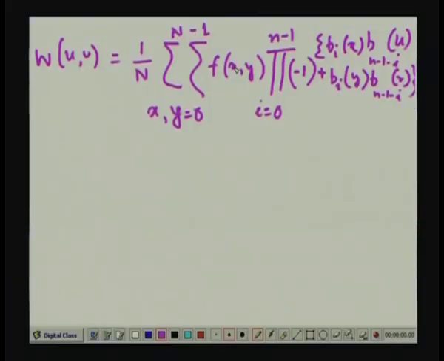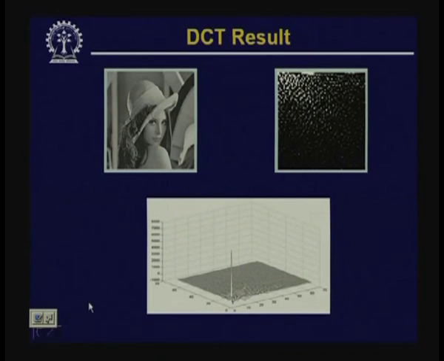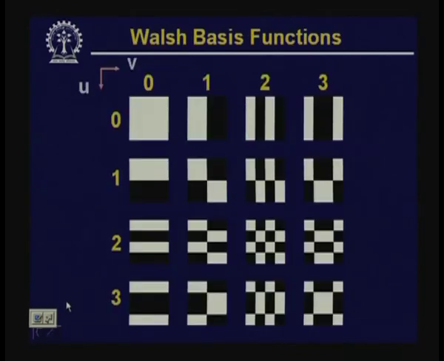So, now let us see what the basis functions of this Walsh transformation are and what the results are on some image. For Walsh transformation, the set of basis images appear like this.